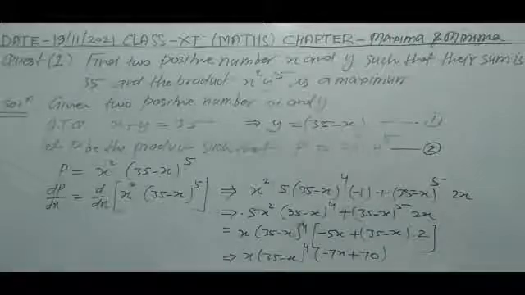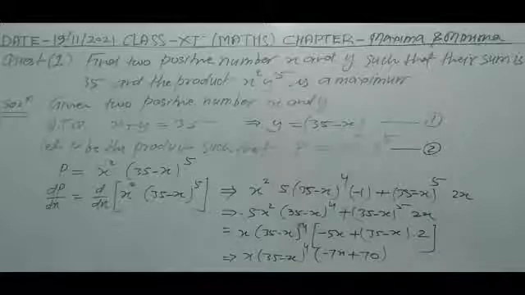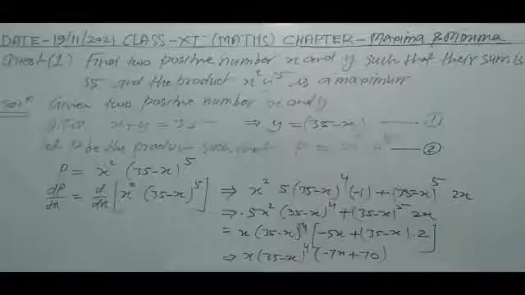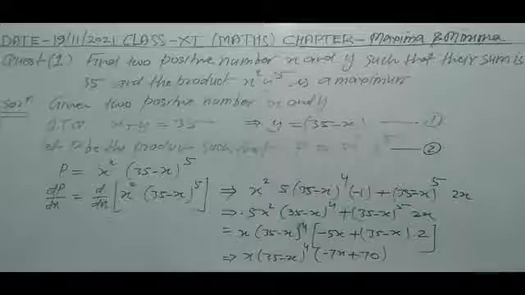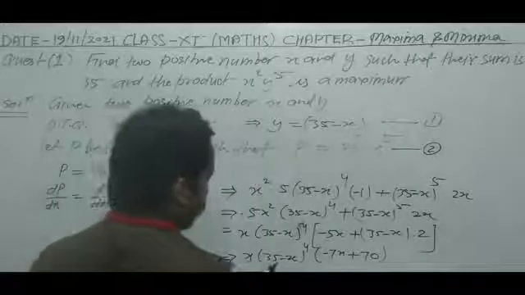And when you equate to 0, you can get its value, that is x is equal to 10 and x is equal to 35. Here you can get x is equal to 0 also.